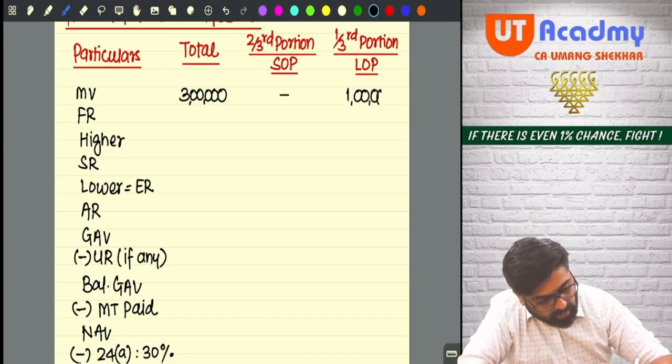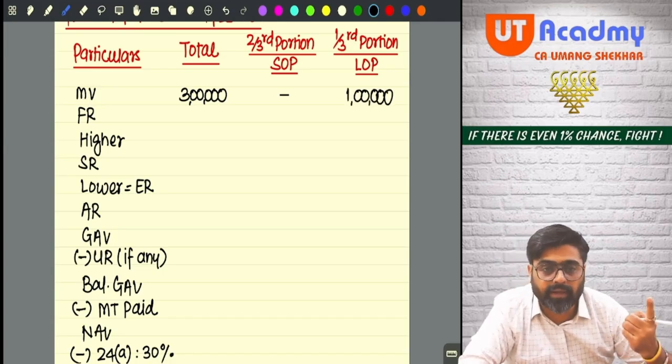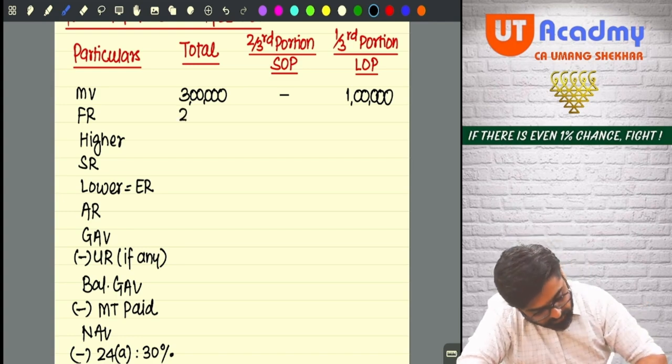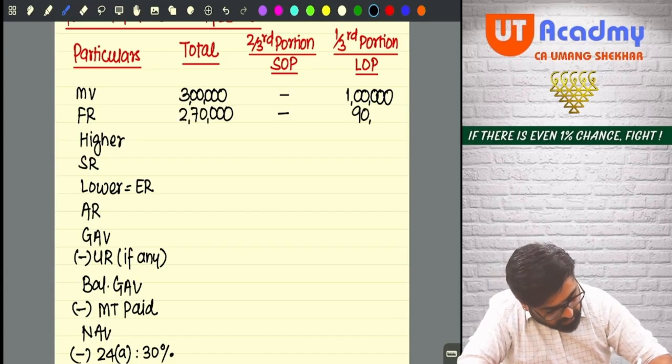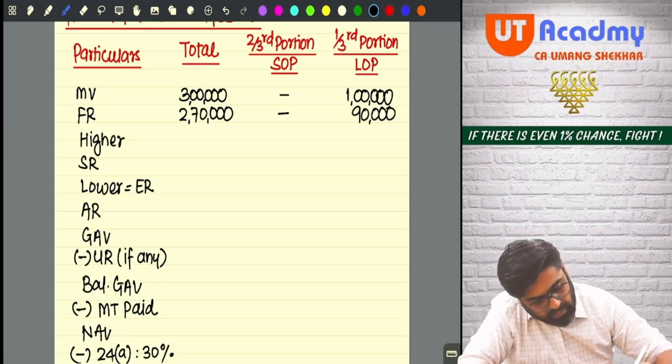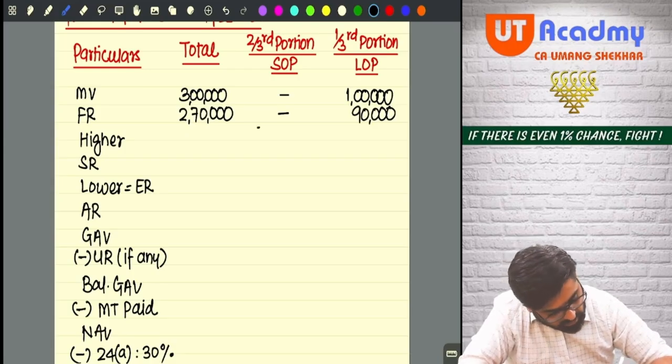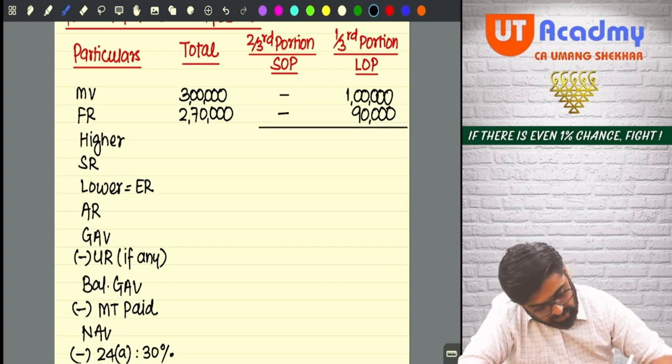It will be 1 lakh. And that 1 lakh of the municipal value will be relating to LOP portion. Then what is the fair rent? 2,70,000. Here I will put a dash and this will be 90,000. Okay, no? Now whatever calculations and comparisons I'll be doing, I'll do in the last column. Please check.